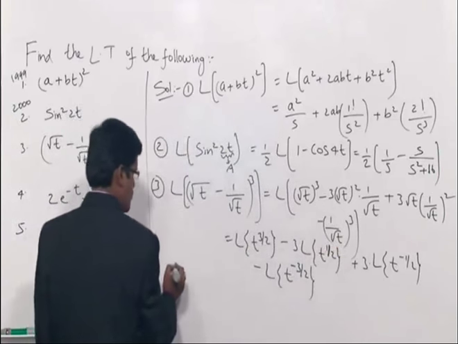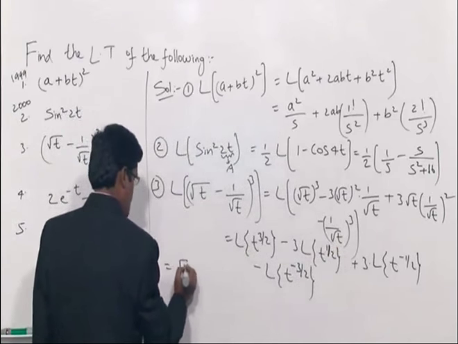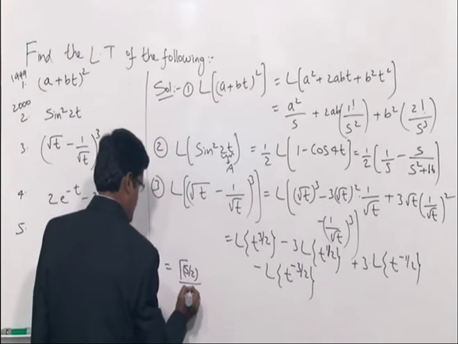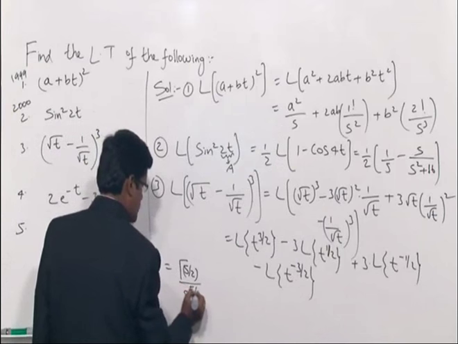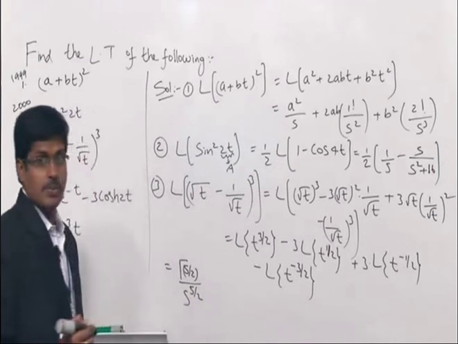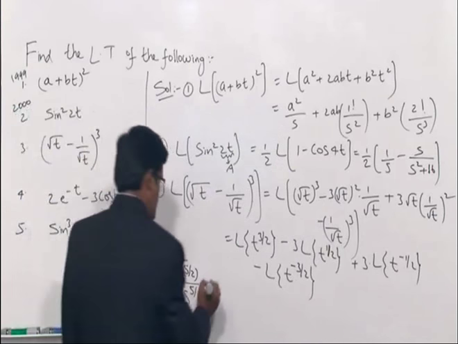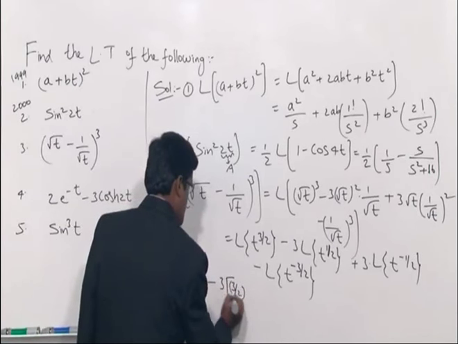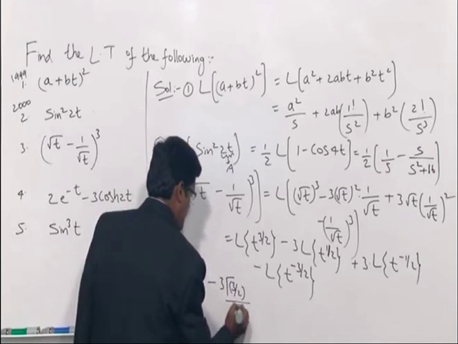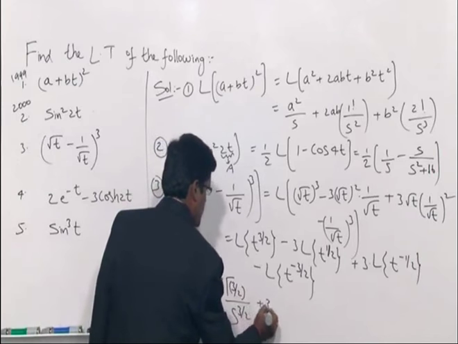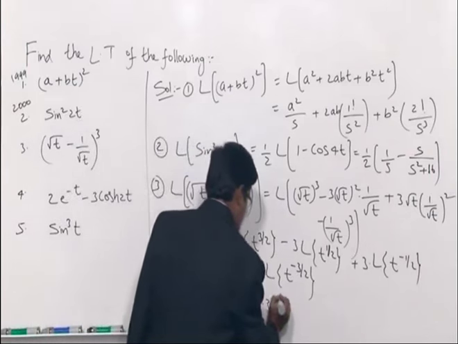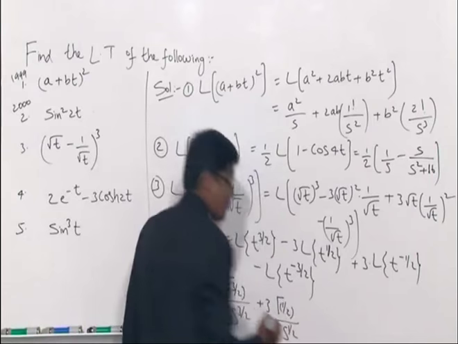So this is equal to gamma 5 by 2 divided by s power 5 by 2. That is gamma n plus 1 by s power n plus 1. Minus 3 times gamma n plus 1, half plus 1 becomes 3 by 2, divided by s power 3 by 2, plus 3 times n equal to minus half, n plus 1 becomes half, that is gamma half divided by s power half.